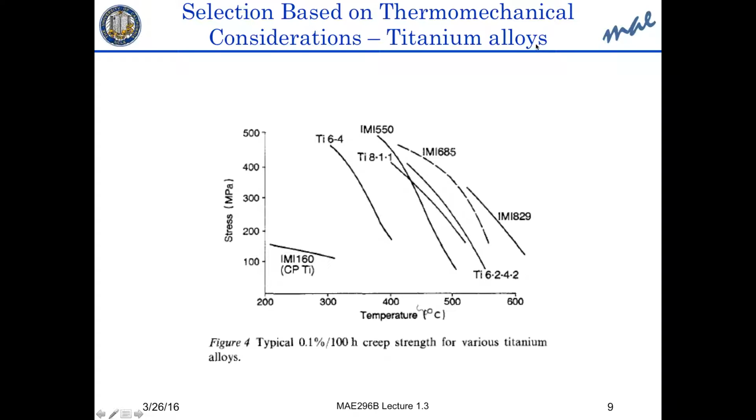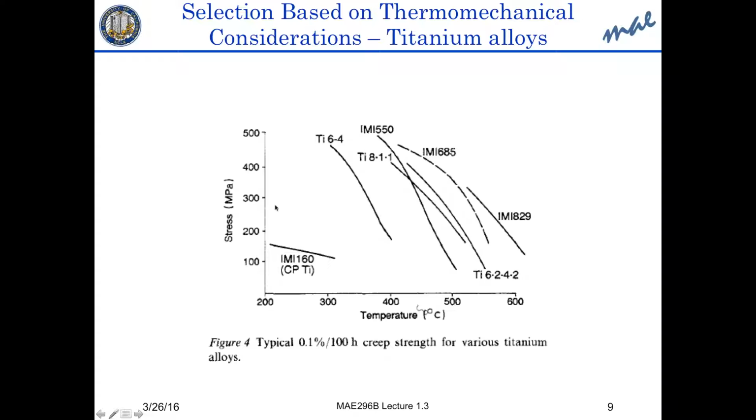Next is the titanium alloys, as I mentioned, for some of the aircraft components, because it's very light, and if you have high speed, then the skin has to take some temperature. So you have a titanium 6-4, for example, here. The capability is up to 400 degrees C. There are other titanium alloys, IMI alloys, that can go up to 500, 550.